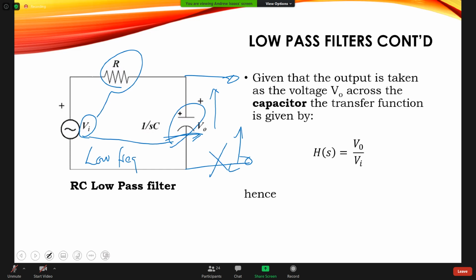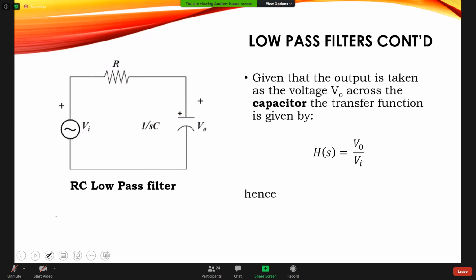So at those low frequencies, you'll see the output across the load. All right? But we don't want to be stuck in that. We want to focus on it in terms of filter operation. And so at low frequency, we'll see more output across the capacitor based on what we just said.